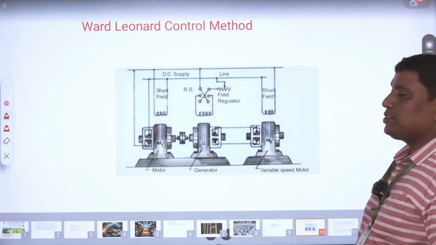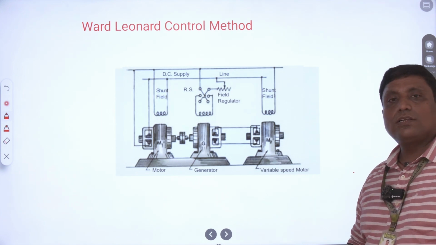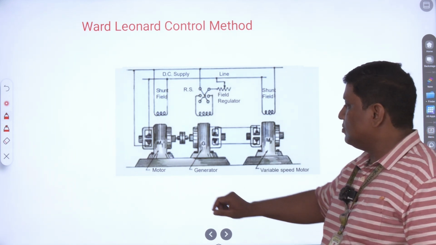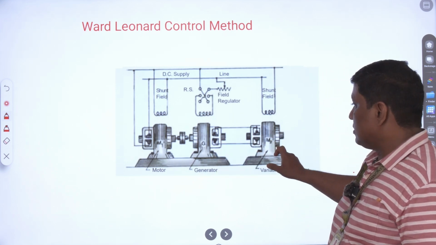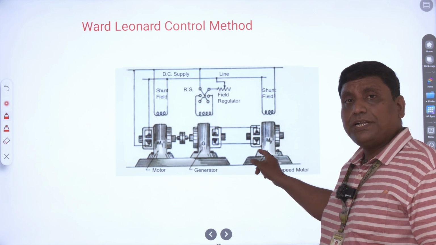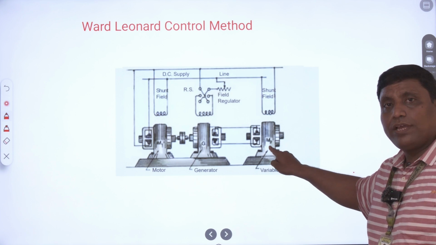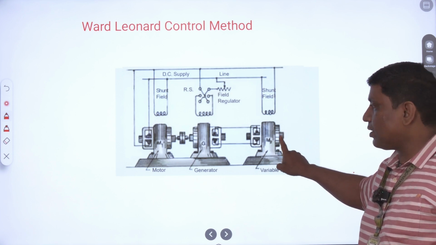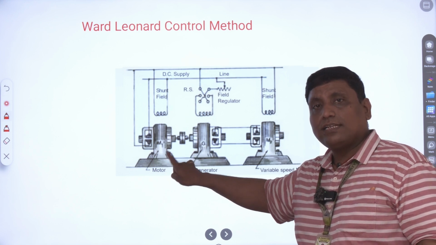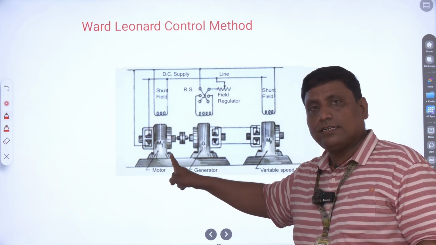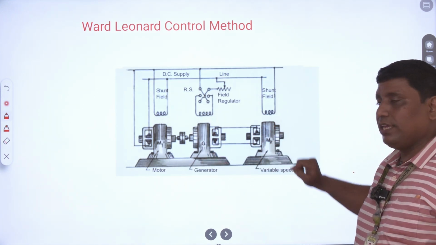This is the first one, the Ward-Leonard control method. In this method we use a motor generator set to control the speed of the M1 motor, which is the main machine whose speed is to be adjusted. Using the motor generator set, we vary the supply voltage to the M1 motor.